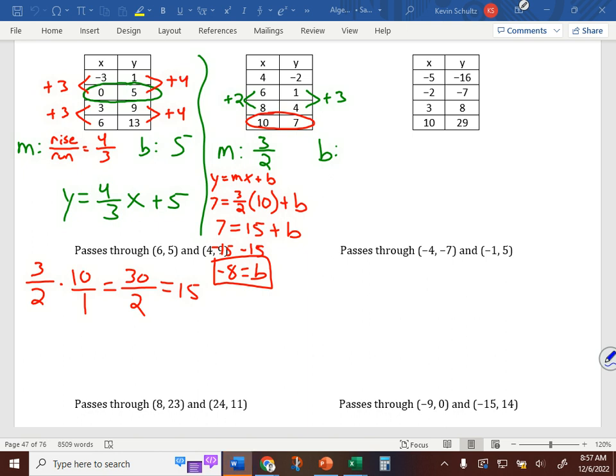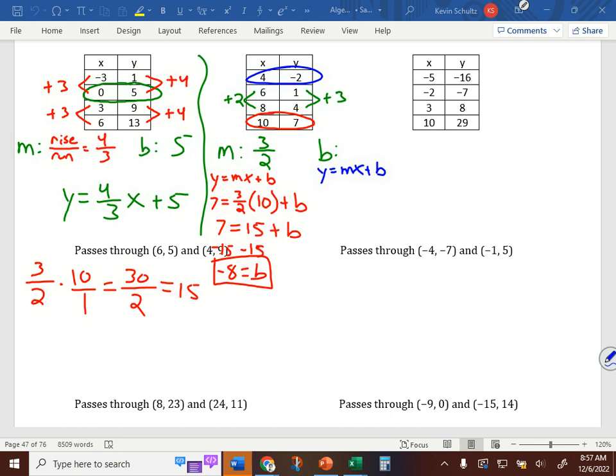What if we picked a different ordered pair? Let's do the first one. What if we'd picked (4, -2) instead of (10, 7)? What would change? Our slope wouldn't change, right?